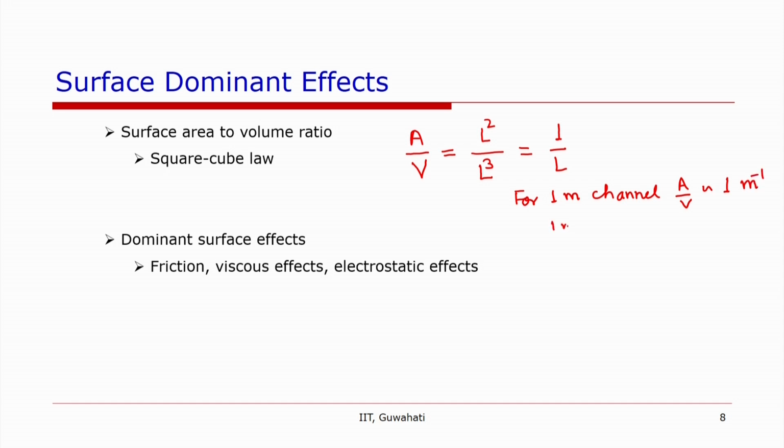For 1 mm, it will be about 10 to the power 3, and for 10 micron, this value is going to be 10 to the power 5. And that is what makes surface effects so important in microchannels.